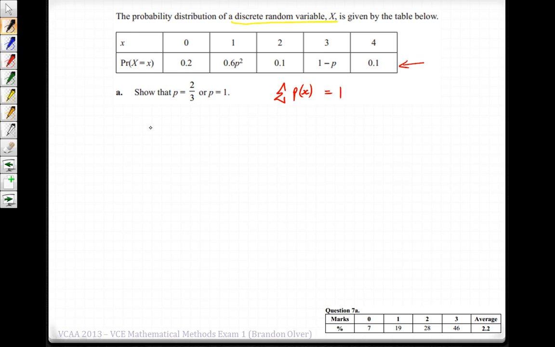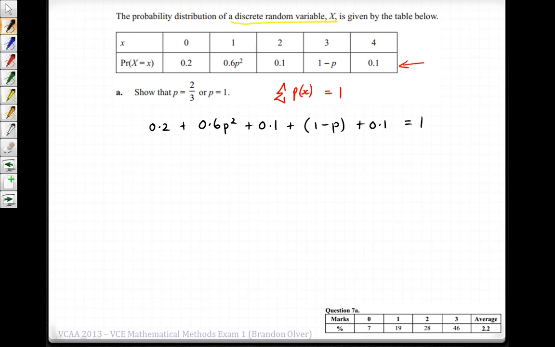So if we write that out, we have 0.2 plus 0.6 p squared plus 0.1 plus 1 minus p plus 0.1. That should all sum up to give 1.